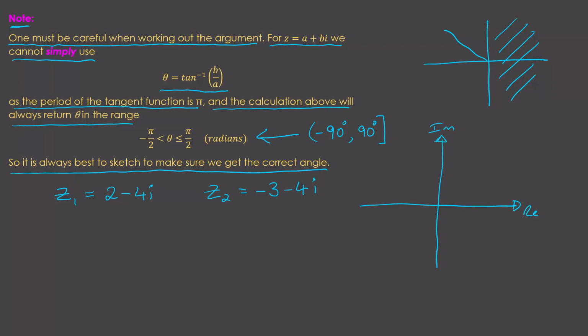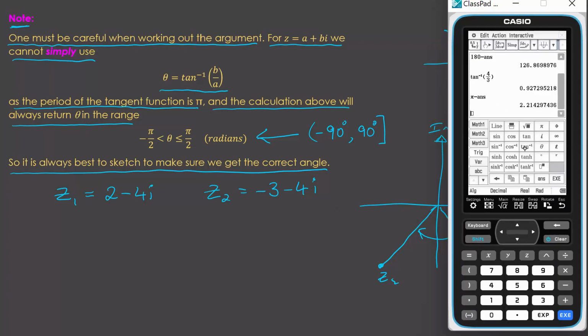Our Z1 is at 2 minus 4i, so it would be, say, down here. So this would be Z1. And our Z2 is negative 3, take 4i, so that's probably somewhere around here, say. And the arguments that we want, well, this would be the argument for Z1, and this angle here would be the argument for Z2.